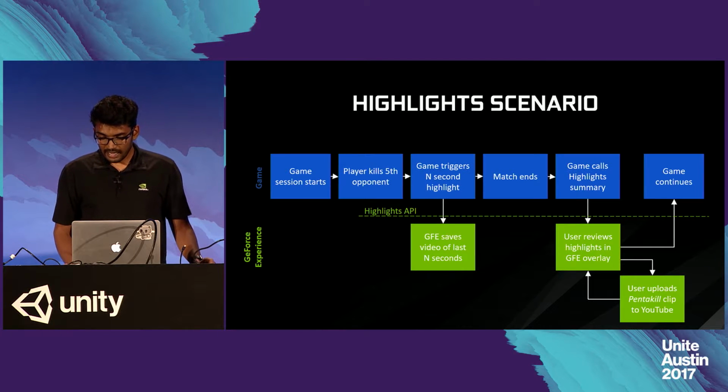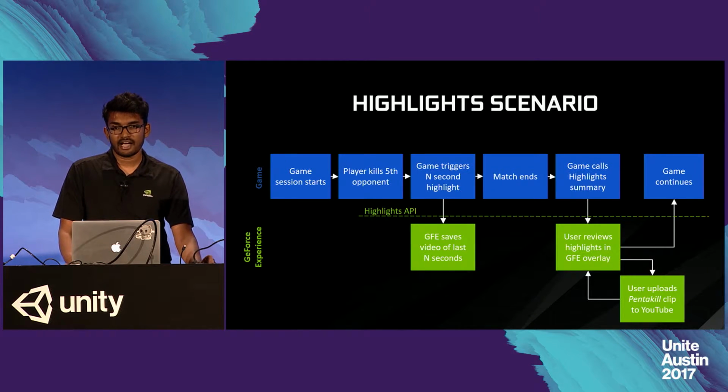Now let's look at a scenario with a game using highlights capture. Let's say it is a deathmatch in a first-person shooter game. The game session starts, and the game developer decides an important moment to be captured would be the 5th kill in the game. After the player plays through the game and achieves the 5th kill, an n-second highlight is triggered, which saves the video of the kill.